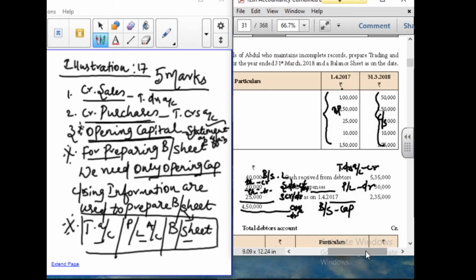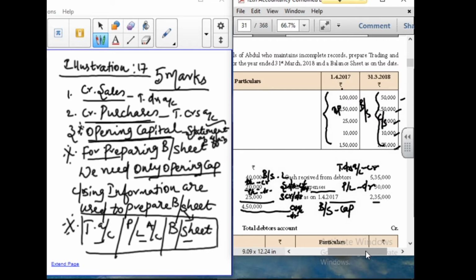I said these informations are used to prepare the balance sheet. Cash, something is there, no? The drawings. So all this information, this amount only is used for the preparation of the balance sheet. Once again, the information for opening capital is given, so no need to find out the statement of affairs for the opening capital. These closing informations are used for the preparation of the balance sheet.